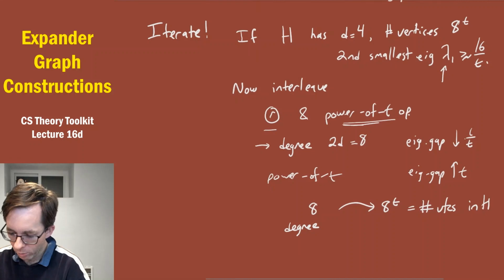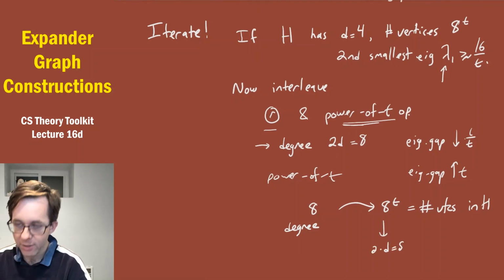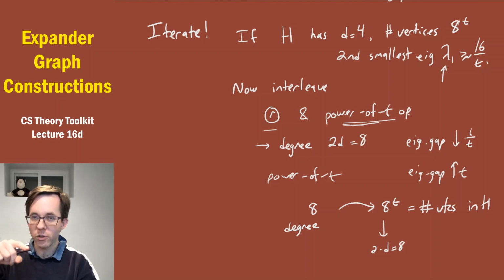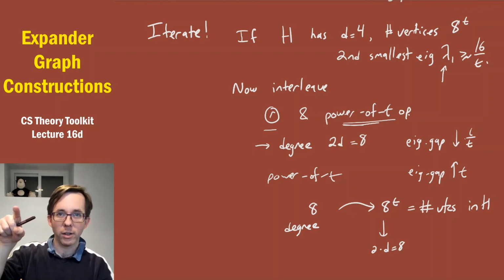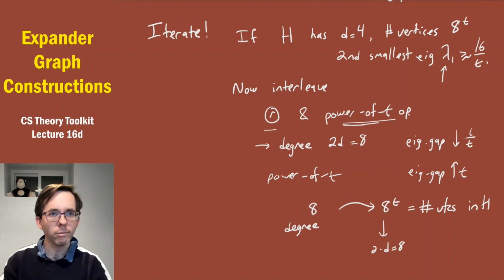Then when you do the replacement product, this goes back down to 2 times little d, which is 8. So the degree goes from 8 to the t, back down to 8, and so forth. And the eigenvalue gap goes down by a factor of 1 over t, but goes back up by a factor of t, and so forth and so on.